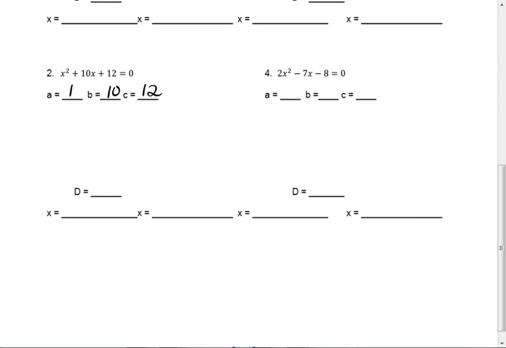Then what we did is we actually found the discriminant. One day we spent time finding just that piece, the b squared minus 4ac. Then we found the square root of the discriminant. We simplified that, which is what we have to do here. And then we put all the rest of the quadratic formula in place. And then we have to simplify. Today we're just going one step further.